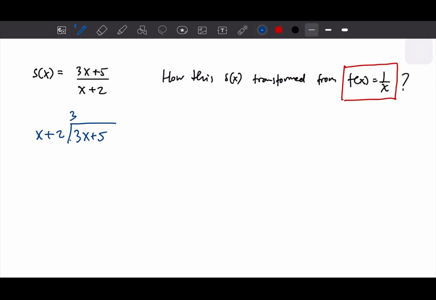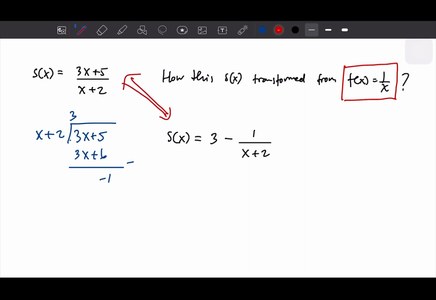Let's try to make a new equation from this. So this is 3x plus 6, and it's negative 1. So we could write f of x as 3 minus 1 over x plus 2. This is the same thing. We just rewrite it.